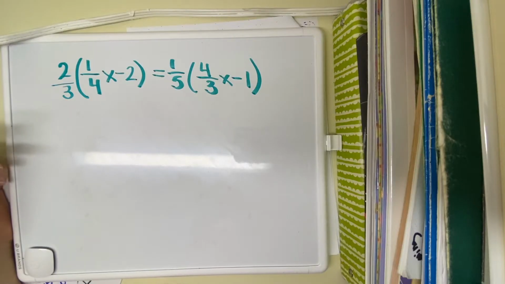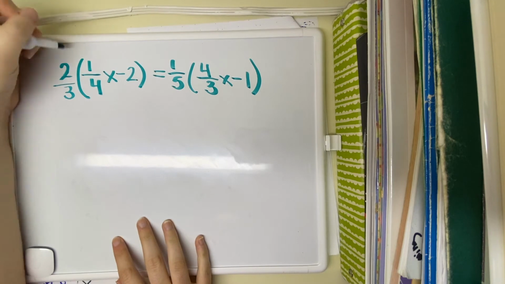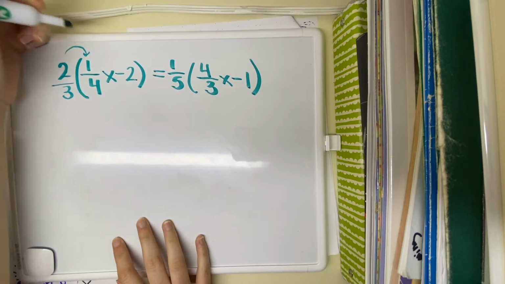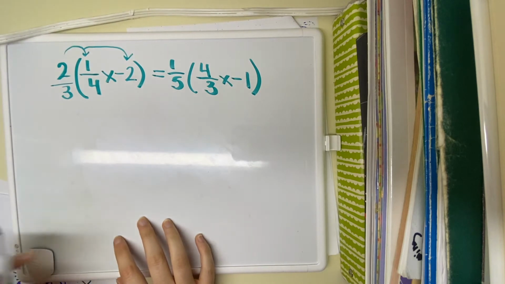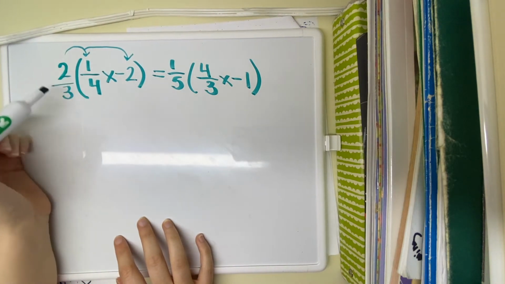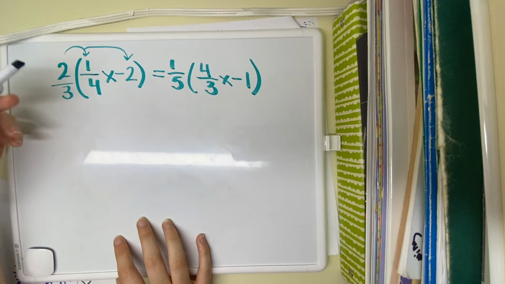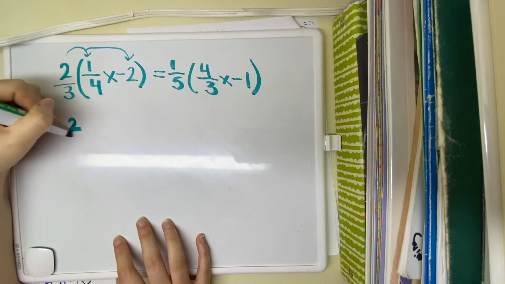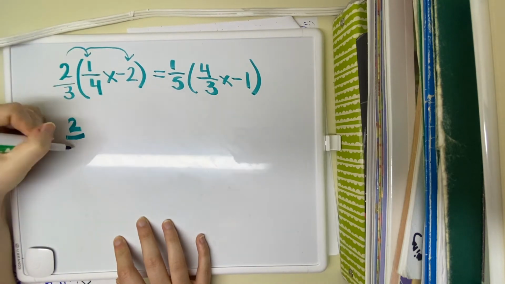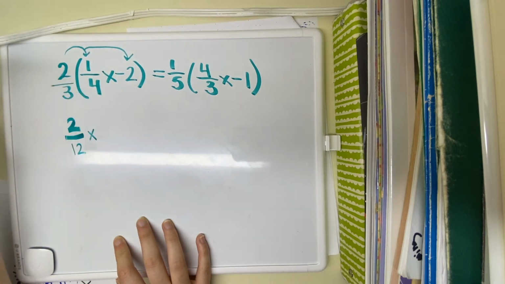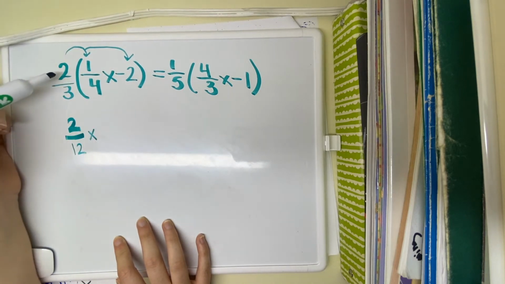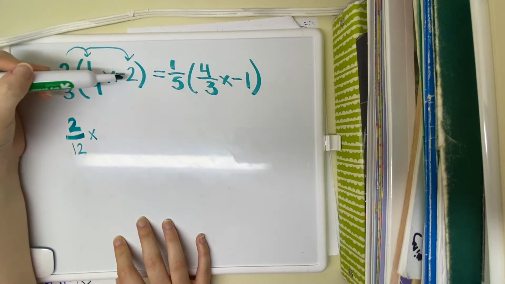So first you want to start with your distribution. And something to remember about fractions is that when you are multiplying fractions, you just multiply straight across for the numerator and the denominator. So 2 times 1 is going to be 2. 3 times 4 is 12. And then you're going to keep that x that was next to your 1/4. You're going to do the same thing with 2/3 times this -2.